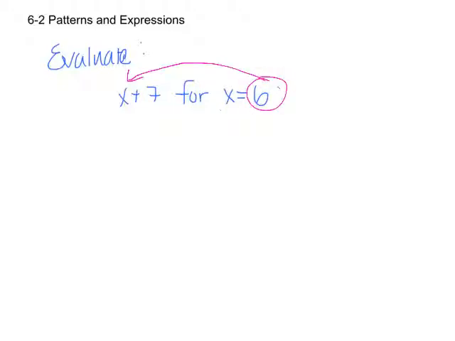So now that I know that x equals 6, I can rewrite my expression to say 6 plus 7. When I substitute, I always want to get into the habit of putting parentheses around whatever I'm substituting in. So I'm going to put 6 in parentheses, and then evaluate 6 plus 7, which equals 13.